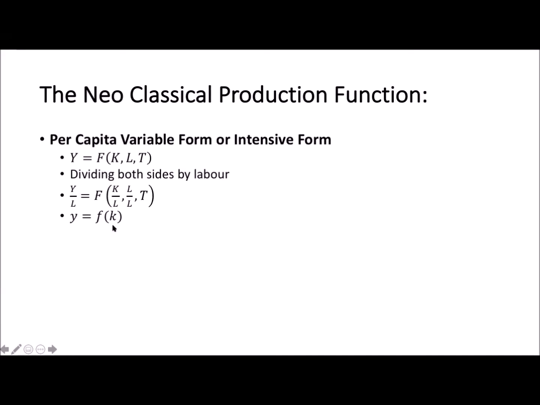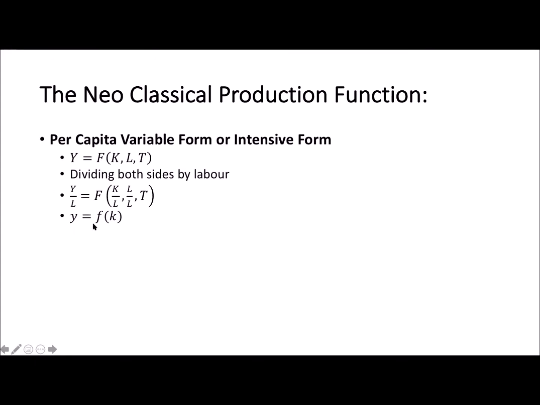So it is also, you could say, the intensive form of the production function. Production function की intensive form है. We could say that the per capita output is a function of per capita capital.